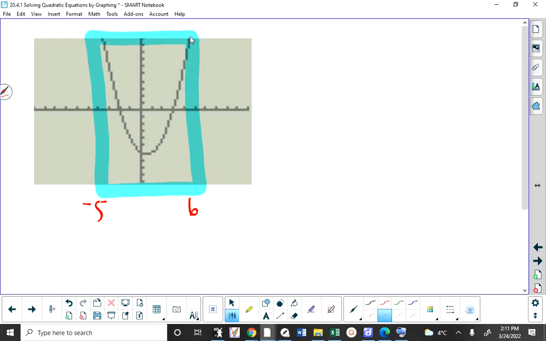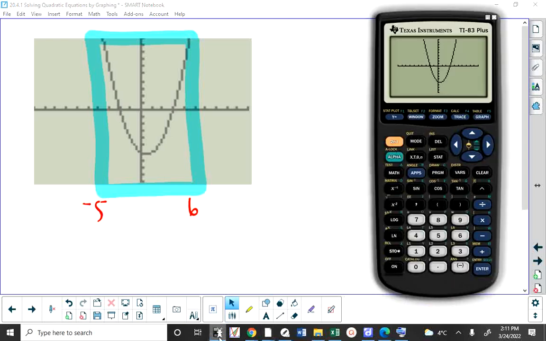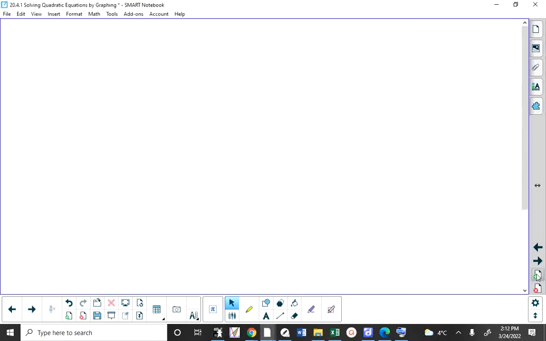I don't need them. So zoom standard takes me to a place where I can make a decision. And now my decision is let's go from -5 to 6. And hit graph again.